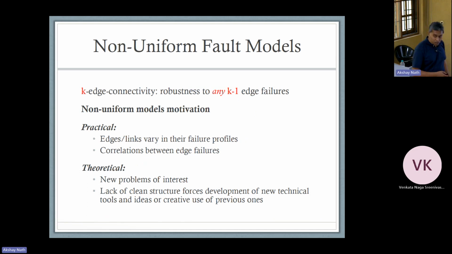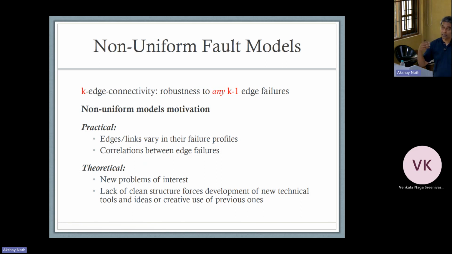Okay, so the motivation for this talk, for our work, was what we call the non-uniform model, right? So what is non-uniform? When we ask for k-edge connectivity, we are asking for this requirement that any k-1 edges can fail, right?